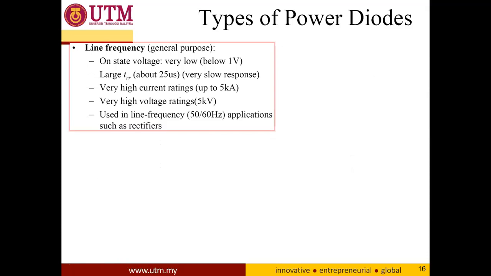We can have the power diode that can be used in line frequency. Usually a diode used at line frequency has a very large TRR, because of the very slow response. It doesn't require very fast response because it is a line frequency system. It has a very low on-state voltage, meaning that the voltage drop is very low, and the voltage and current rating is also very high.